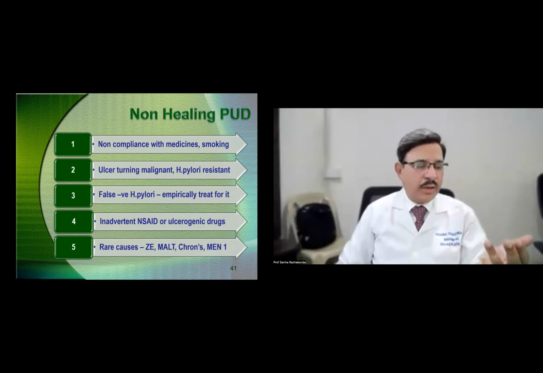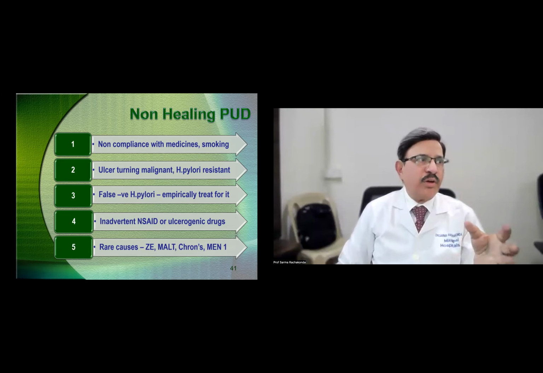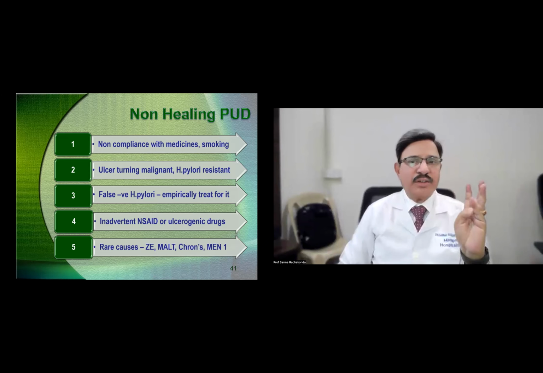It increases the prostaglandins, which increase the ulceration, and it interferes with the mucosal defense mechanism and also the blood supply to the mucosa. For these reasons, smoking is detrimental to the whole system, most of our healing of ulcer. Or he has taken the prescription, but he has not purchased or not taken the medicine. Non-compliance with medication, smoking must be excluded.